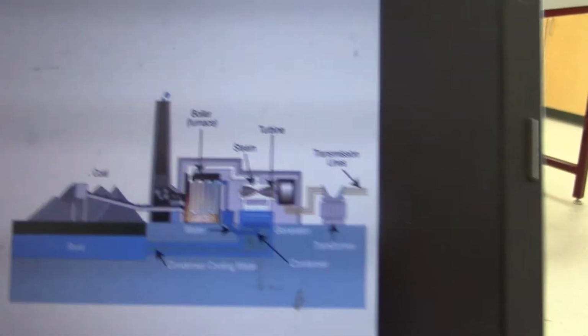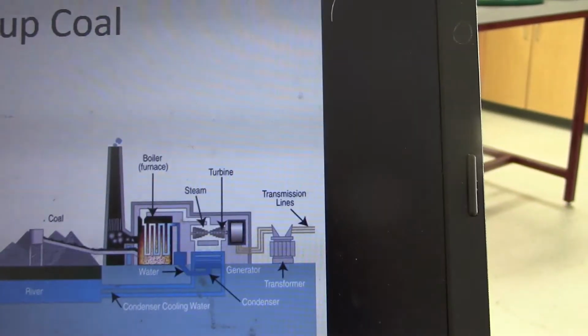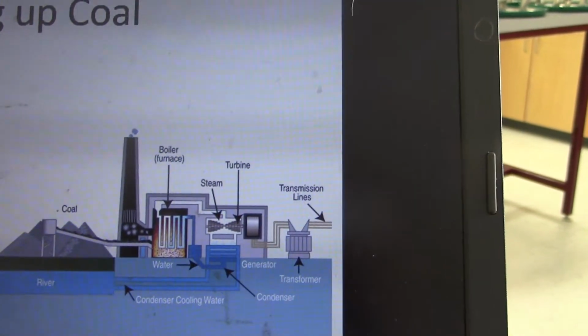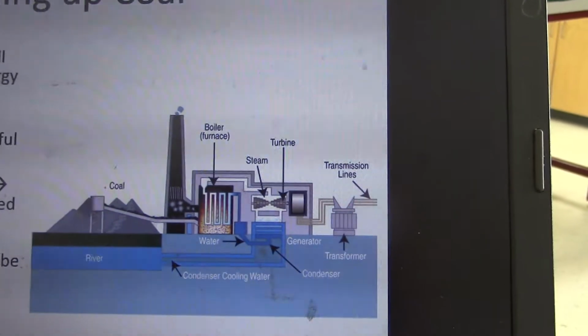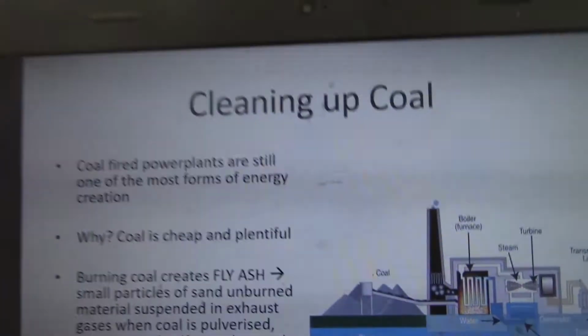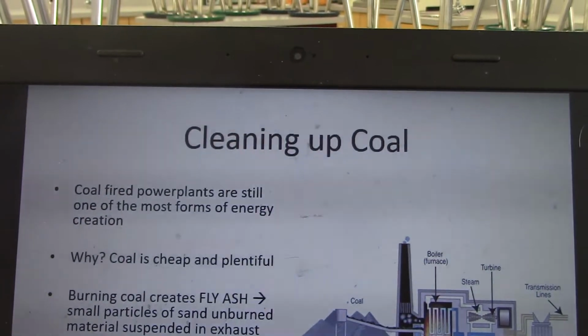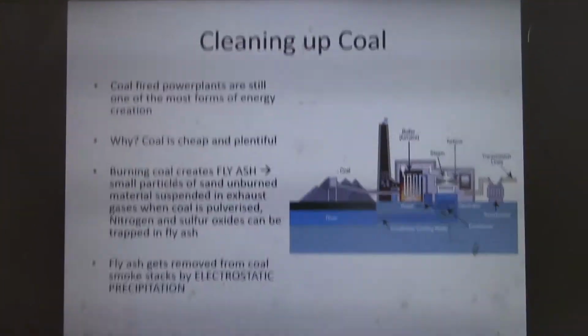So we're phasing out coal in Alberta, but one thing that we can do with coal, right? We have coal gasification plants. We can turn coal into natural gas, and that's a much cleaner fuel because we get rid of all the extra carbon. So coal-fired power plants are, even though we're phasing them out, they're still used, and that's because we have lots of cheap and plentiful coal.